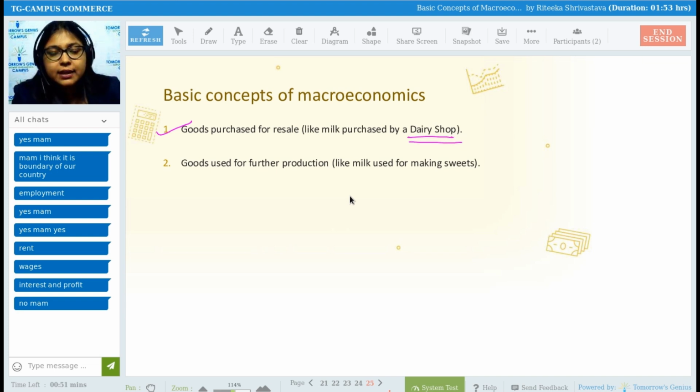If a dairy shop person is purchasing milk, then he is going to use it to prepare tea or coffee for the consumers and then give it to the consumer, right? So for him, that milk is an intermediate good which he is going to use for the further production process of the goods. So goods purchased for resale, that is milk purchased by a dairy shop, will be an intermediate good.